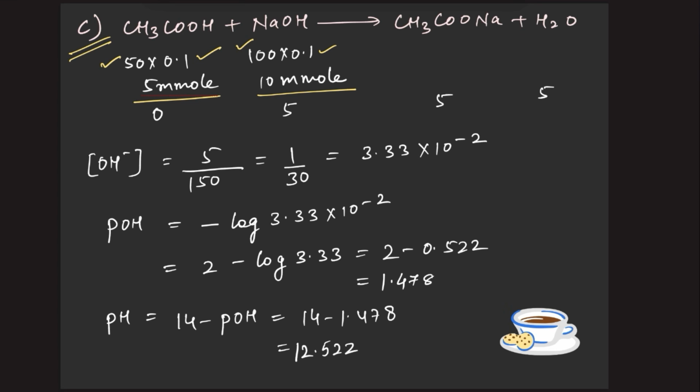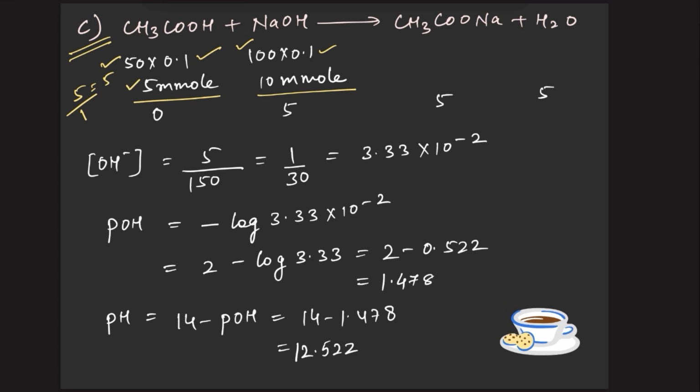So here for the limiting reagent, number of moles of acetic acid divided by its stoichiometric coefficient, that is 1, is equal to 5 by 1, which is equal to 5. Similarly, for NaOH, number of millimoles of NaOH divided by its stoichiometric coefficient, that is 10 by 1, will be equal to 10. Number of moles divided by stoichiometric coefficient. This value is the least for acetic acid. So here acetic acid becomes the limiting reagent.